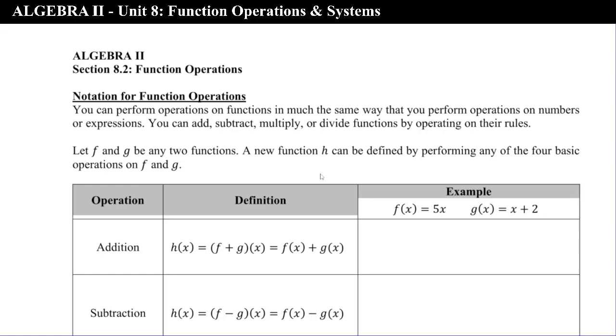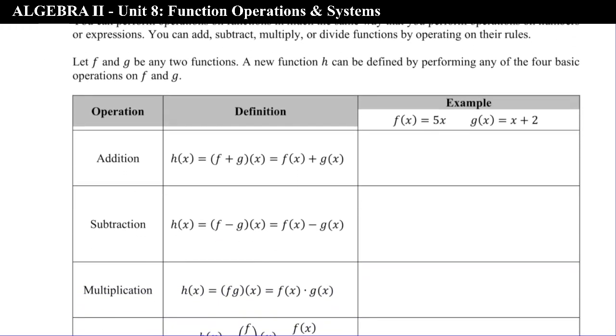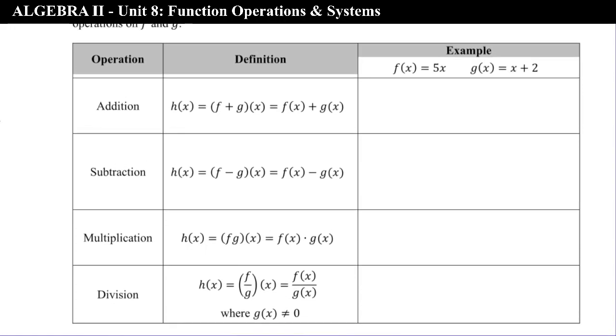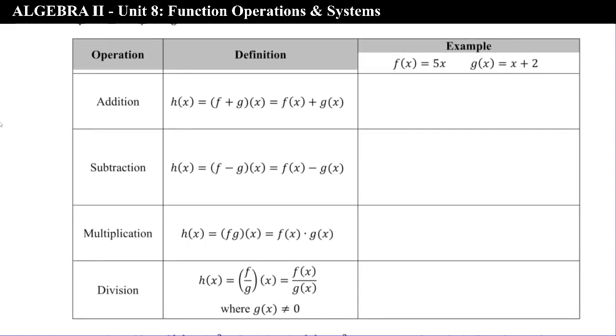So let's talk about f and g being any two functions. You have a function h that can be defined by performing any of the four basic operations on f and g. And those operations are addition, subtraction, multiplication, and division. So let's take a look at this table and let's talk about what these things mean, okay?